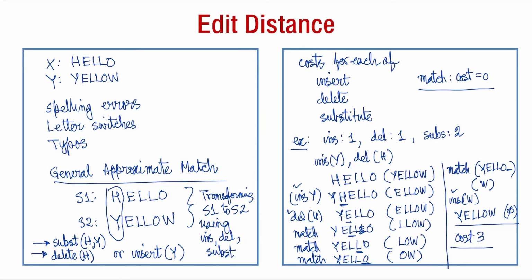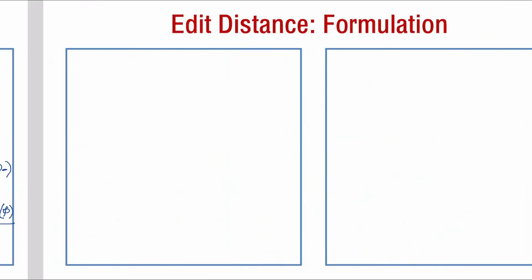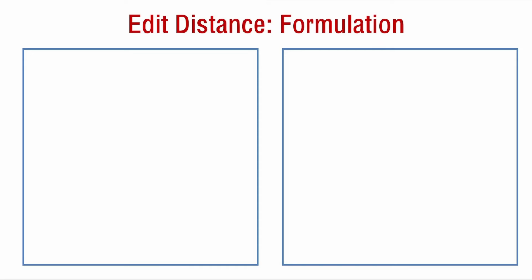Here our objective is to find the solution of minimum cost, whereas in the longest common subsequence I am finding the solution of maximum length. So I will convert a maximization problem of longest subsequence to a more general edit distance problem where I am going to minimize the costs.